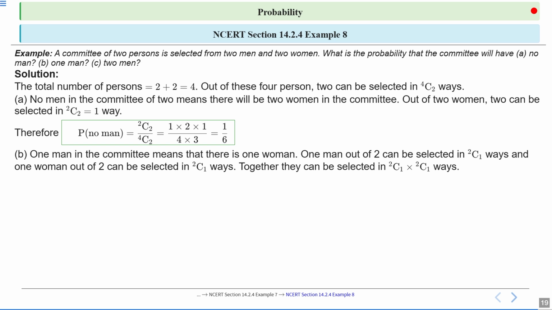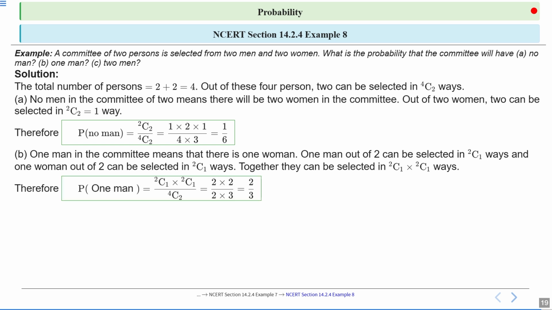Together they can be selected in 2C1 multiplied by 2C1 ways. So the probability of one man is 2C1 multiplied by 2C1 divided by 4C2, and if you calculate it, you will get 2 over 3.